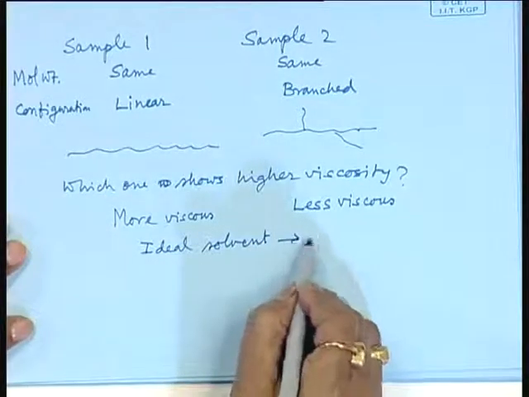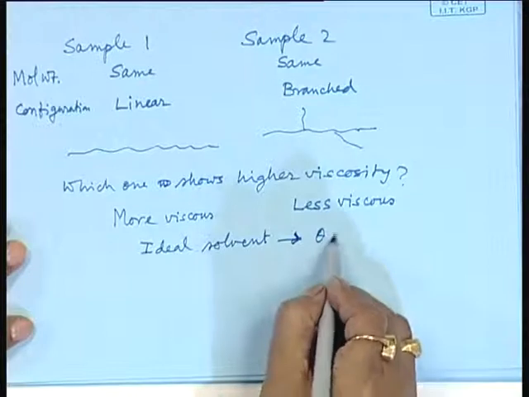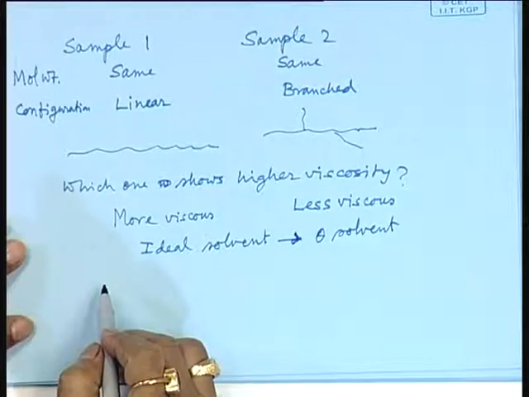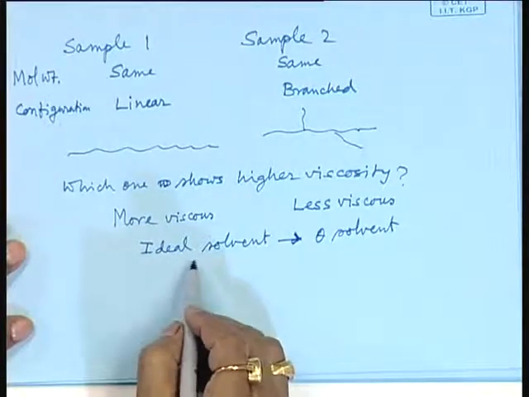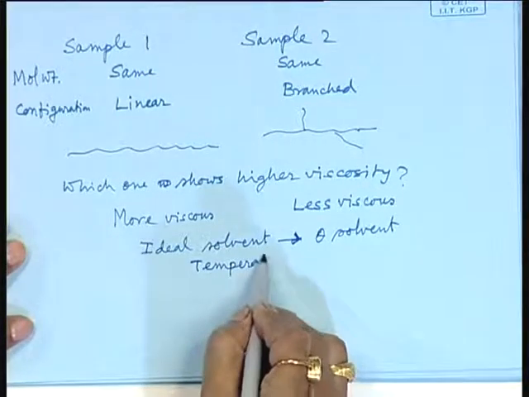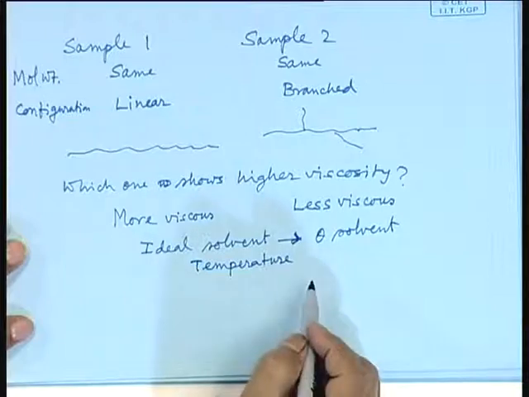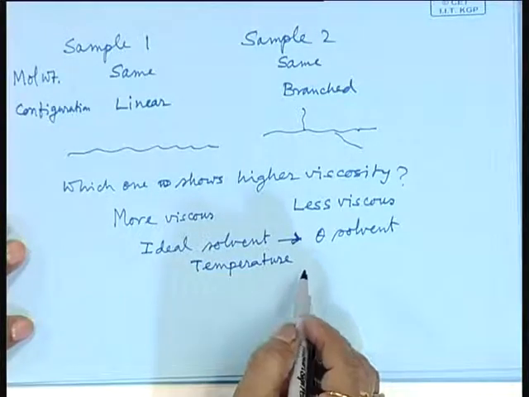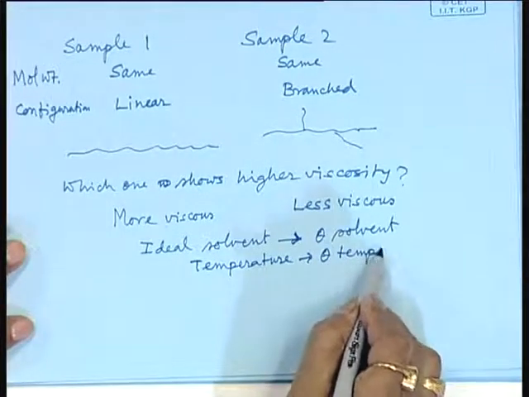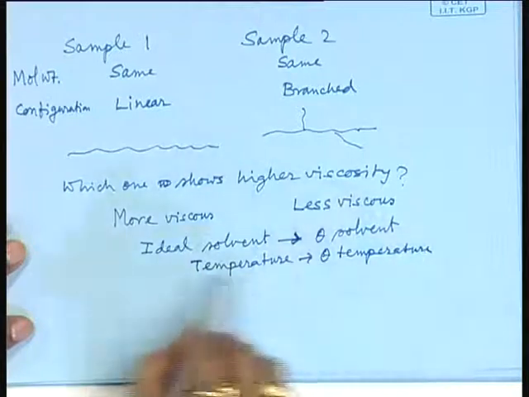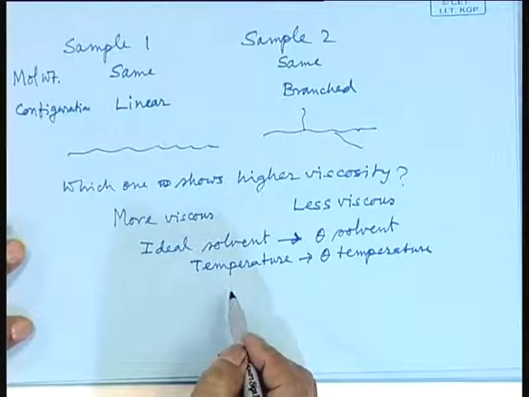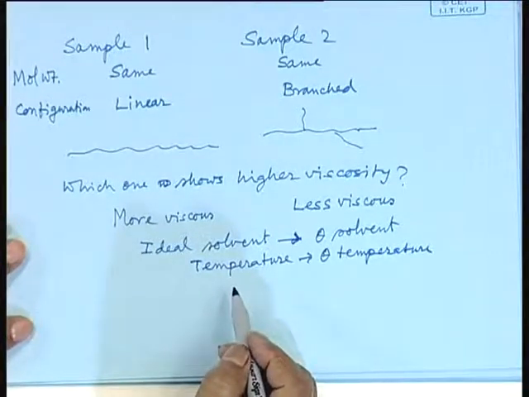It is known as a theta solvent, and the temperature at which viscosity is measured is known as the theta temperature. That means it is a hypothetical or ideal situation where the solvent-polymer interaction is minimum.